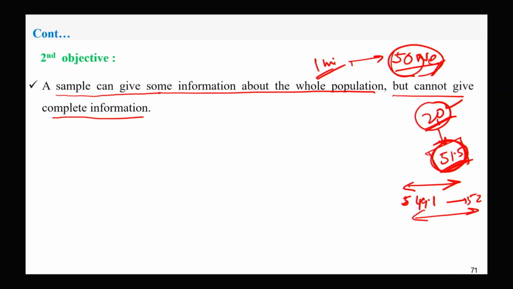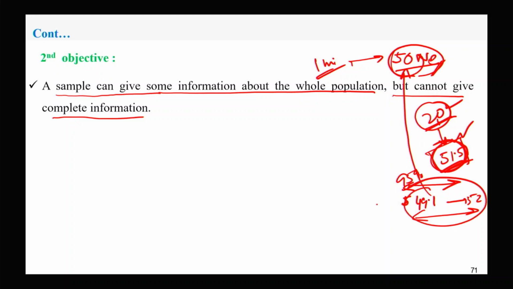And this range is called the confidence interval, and with that range we can tell, say at a 95% confidence level, I cannot tell that the mean value of the population is 51.5, but I can tell that the mean is lying within this range.